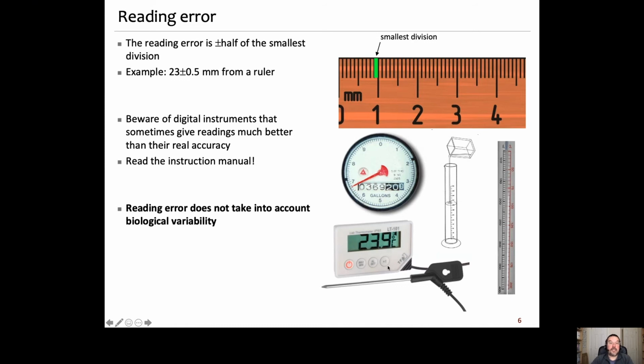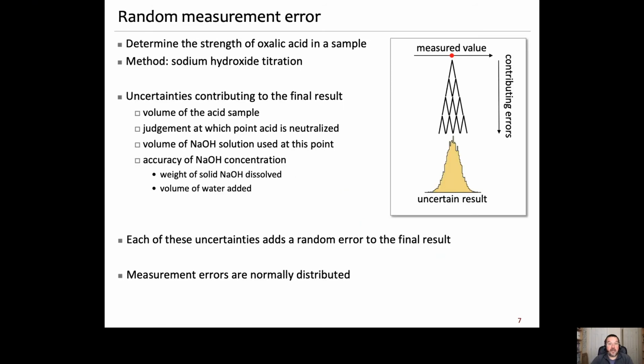However, if you read the instruction manual for this thermometer, it will tell you that actual accuracy is plus minus 0.5 of a degree. Reading error does not take into account biological variability, which is usually much larger than any reading error. Have a look at this simple example.